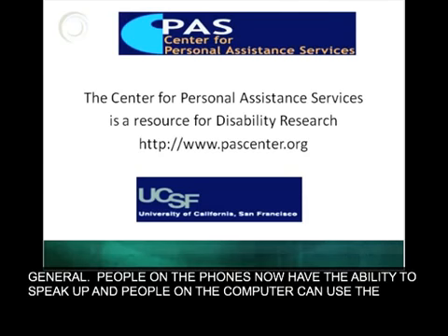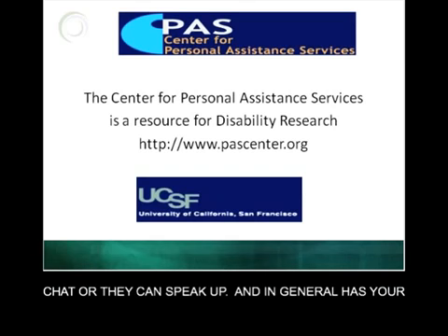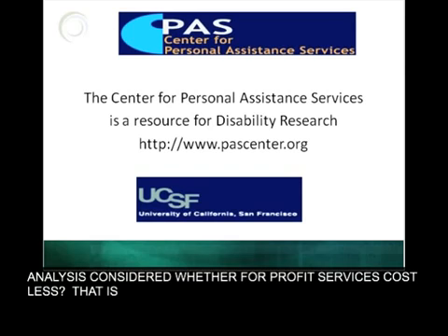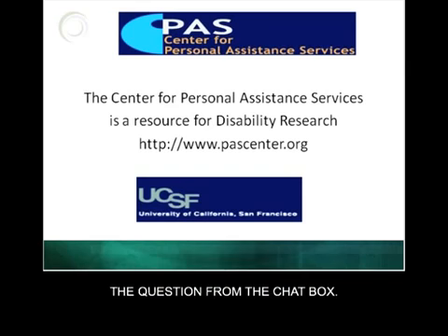So people on the phones now have the ability to speak up, and people on the computer can either use the chat or they can speak up. In general, has your analysis considered whether for-profit services cost less? That was the question from the chat box.